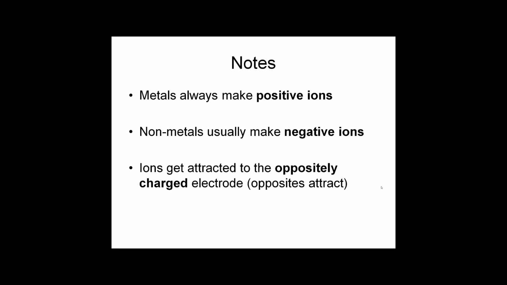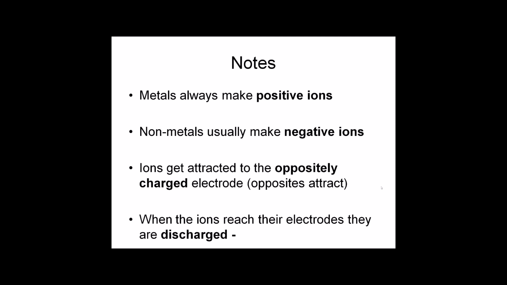Three key points there. Now, the next bit of learning, which we've not covered in those animations above, is that when the ions finally reach the electrodes, they are discharged. You might have come across this before in your life, if you say, I'm going to discharge the static on this thing. It means to get rid of an electric charge.